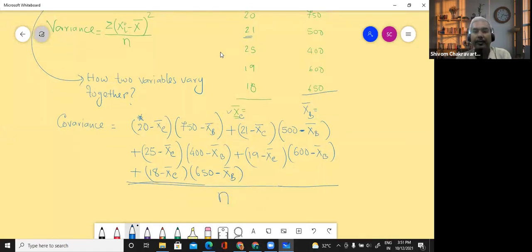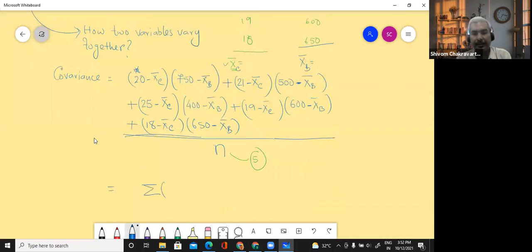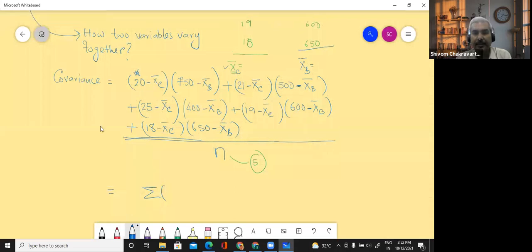In this case, it is 5. In terms of notation, if we want to write this, let me call it temperature in buses.